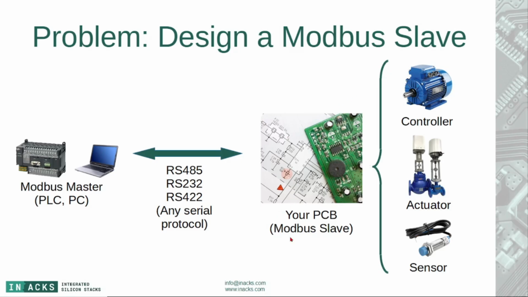So let's say you need to develop a Modbus Slave product. It can be to control a motor, to control the state of a solenoid, or to read the value of a sensor.